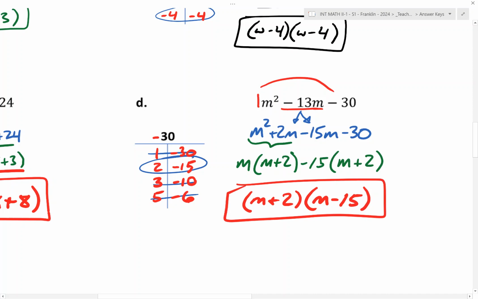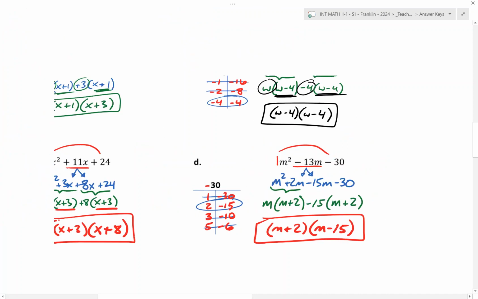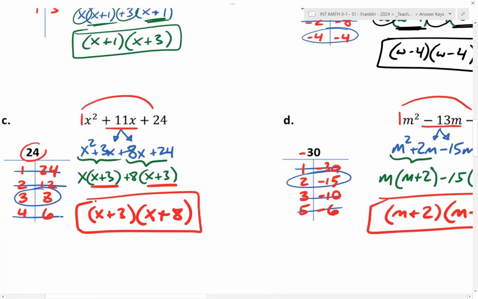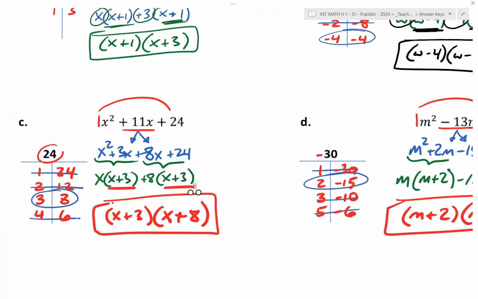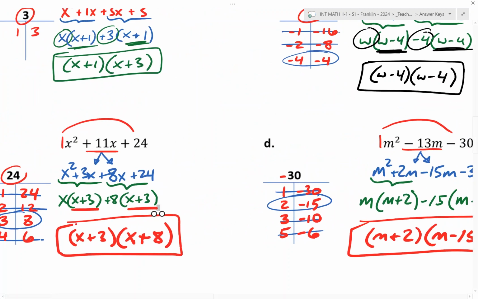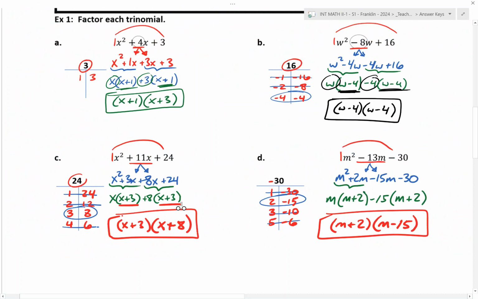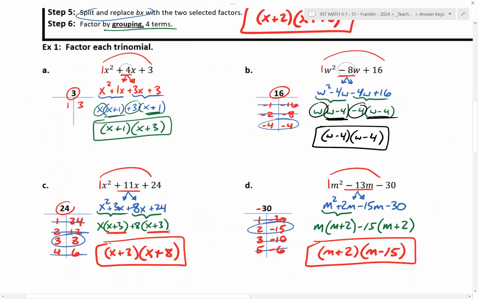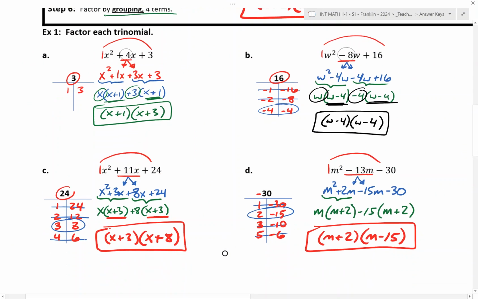Now, throughout these notes, you may have noticed, and if you didn't notice, you're going to notice right now, that the numbers that we found for our middle term to split, those two factors, for example, we found 1 and 3 on the first one.